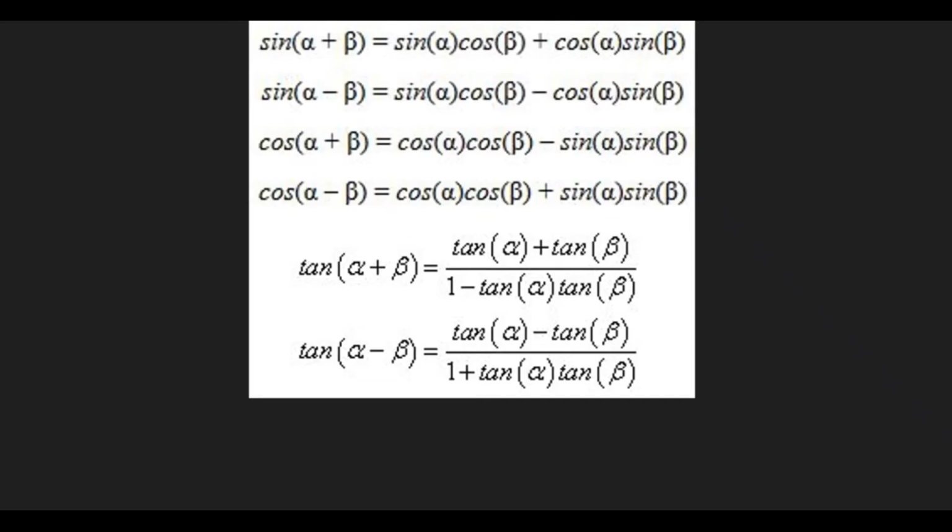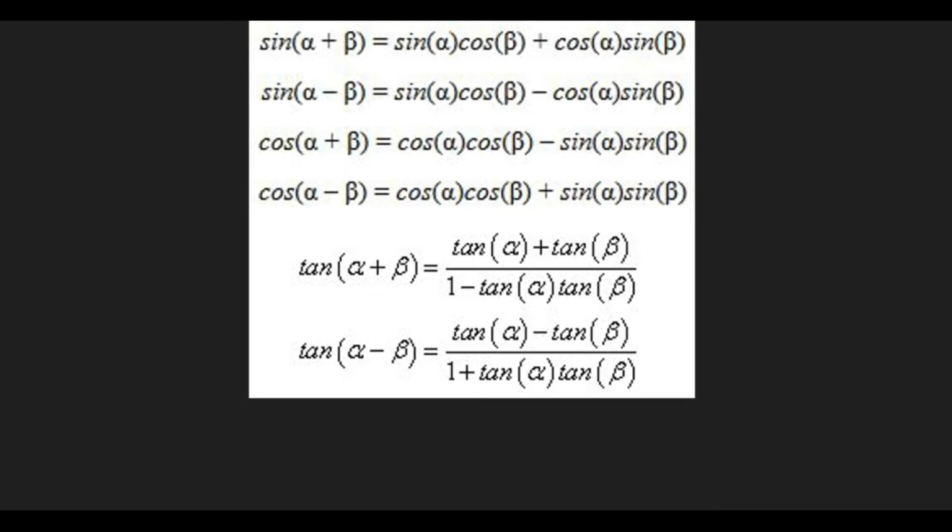This rule is: cosine of the sum of two angles equals cosine first angle, cosine second angle, minus sine first angle, sine second angle. The sign, which is positive or negative, will be different. Inside the bracket plus, outside the bracket minus; inside the bracket minus, outside the bracket plus.